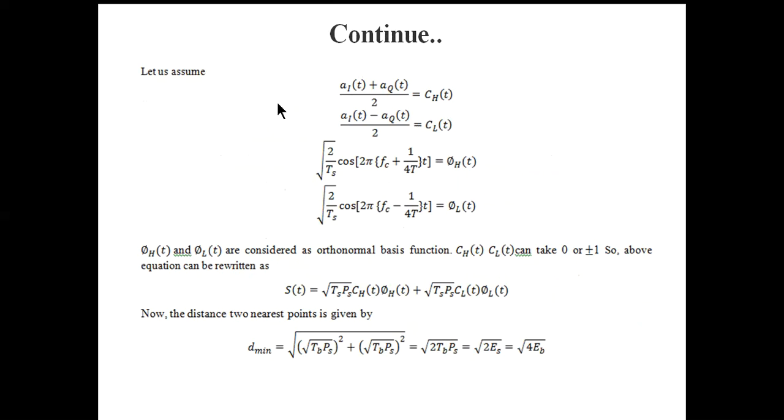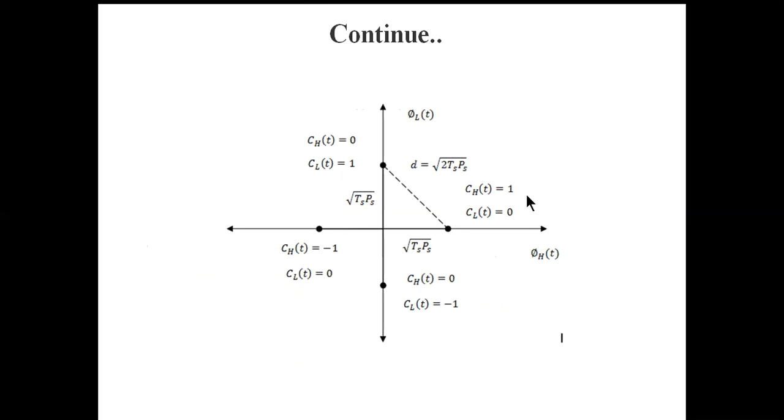If we use this, the previous equation can be rewritten as s(t) equal to root over TsPs cH(t) phiH(t) plus root over TsPs cL(t) phiL(t). So here phiH(t) and phiL(t) can be considered as the orthonormal basis functions required to draw the signal space diagram, and cH(t) and cL(t) can take both 0 and plus minus 1, depending on the values of aI(t) and aQ(t). So it can take these four combinations: 1 0, 0 1, minus 1 0, and 0 minus 1.